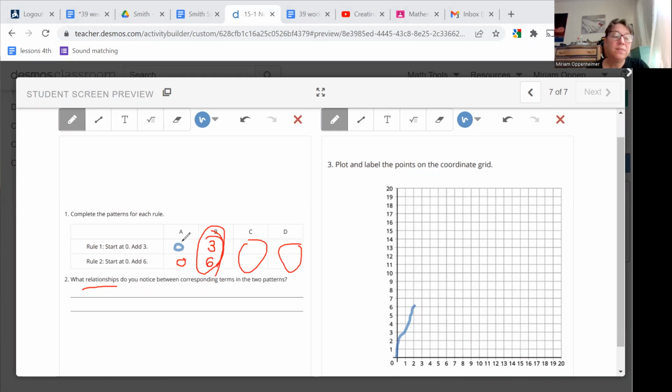So the first one is going to be 0 and 3. So that's why this is 0. And then we move it forward 1 for A. A is 1. And then we're going to do the same thing. Move forward 1 to here, and then add 3. See how I did that?